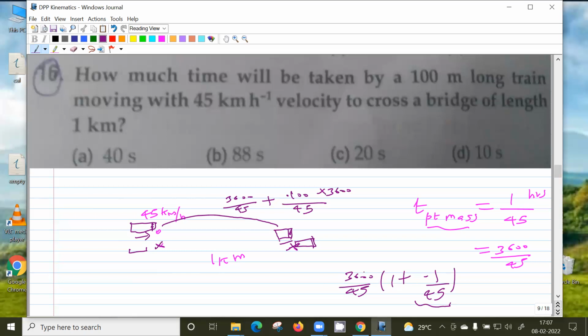So 9 5s are 45, 9 4s are 36. So why minus 1 by 35, sir? No, not minus, 0.1. Okay, 100 meters is 0.1 kilometer. So it's 80 plus something.